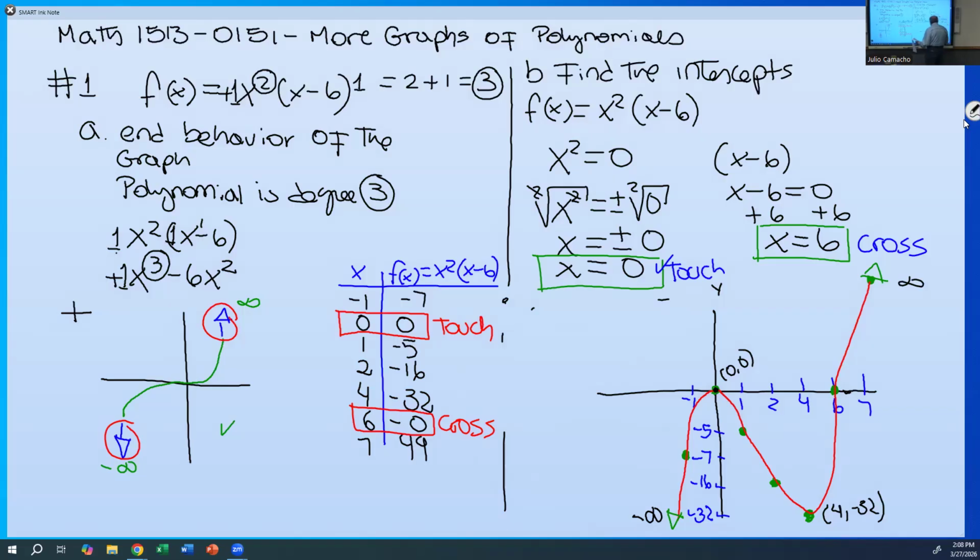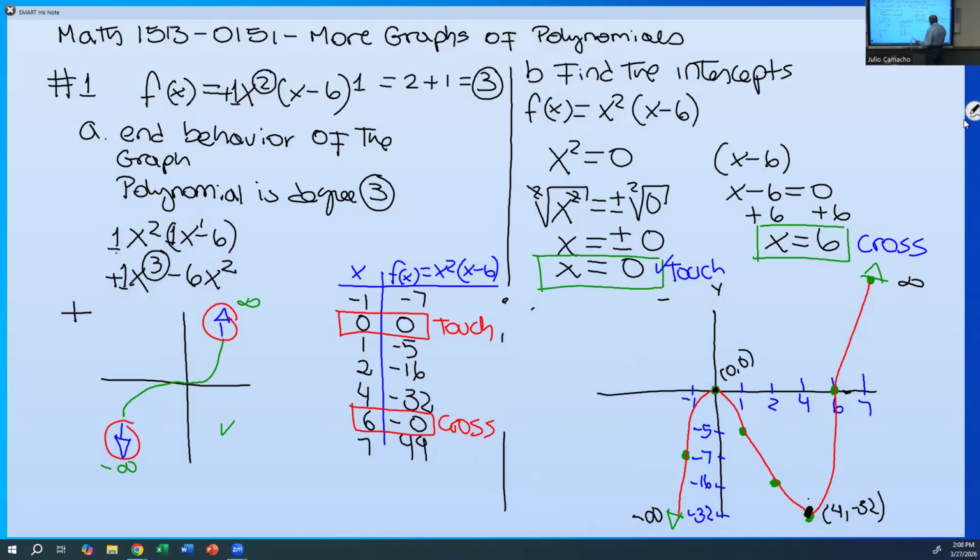And the places where the graph stops increasing and starts decreasing will be these places. Here the graph comes from negative infinity to 0, 0, and at this point the graph stopped increasing and began to decrease, and is decreasing until it goes to 4, negative 32, and at this point the graph stopped decreasing and began to increase again.